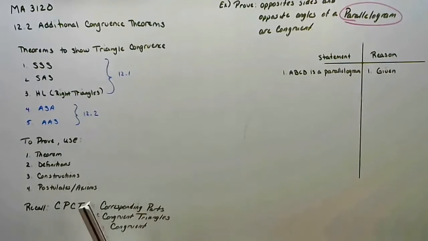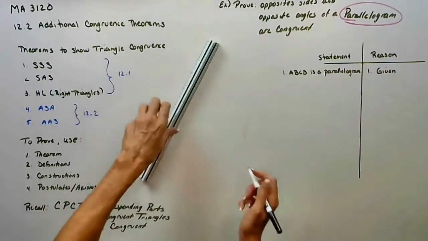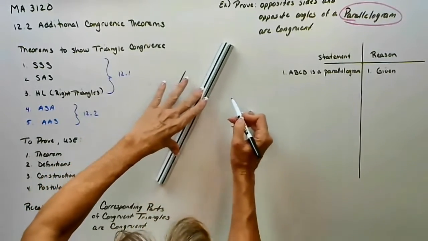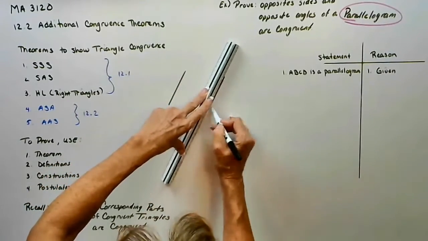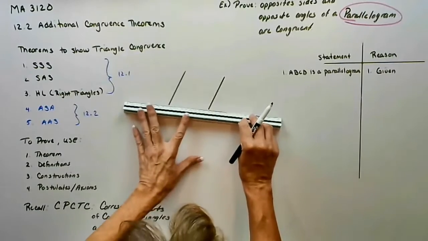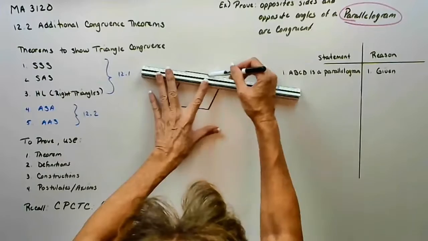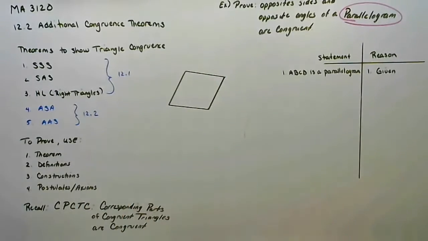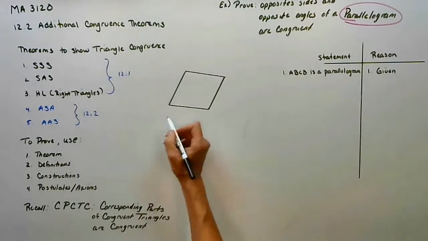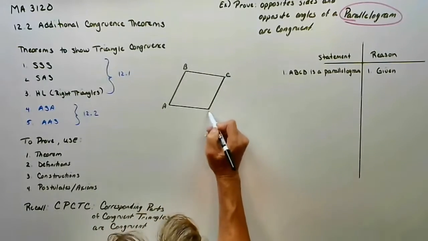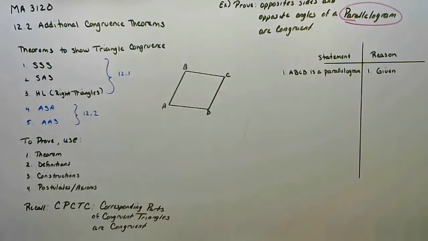So I'm very visual. I'm going to draw a parallelogram out here. I'm trying to sketch one here. Okay, it's a little crooked, but here's A, here's B, here's C, here's D. So I'm starting with a parallelogram.